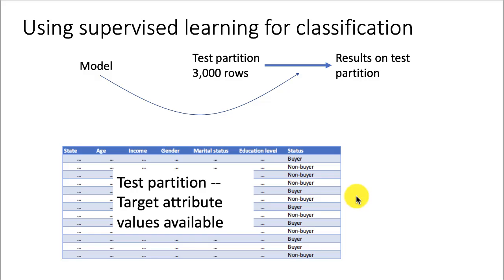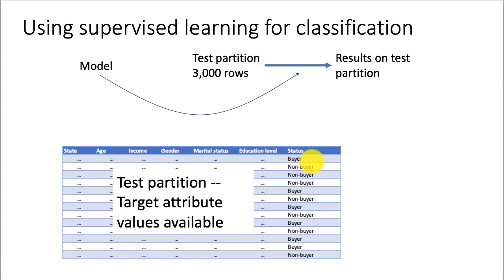Now all of the 10,000 rows were historical data. So not only do we know information about the state and the age and the income and the gender and marital status and education level, but we also know whether that corresponding person bought the product or not, whether the person was a buyer or non-buyer. That's already there because it's historical data.